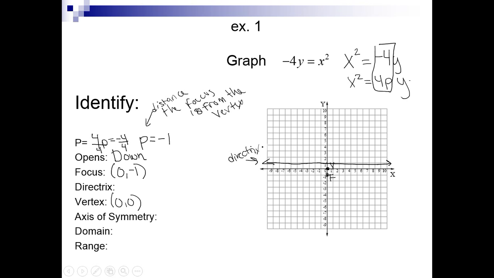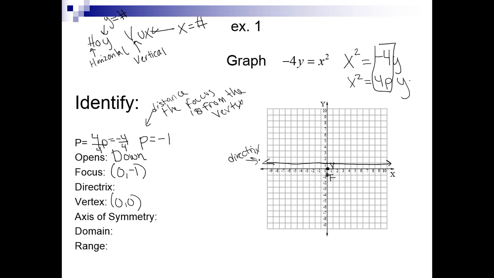Now, I want the directrix to be an equation. If you remember back when we talked about lines, a horizontal line had an equation of y equals some number, and a vertical line had x equals some number.